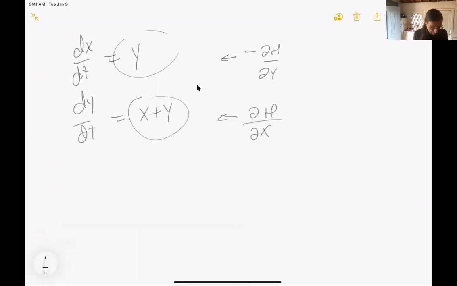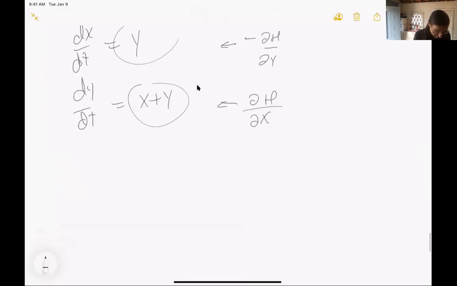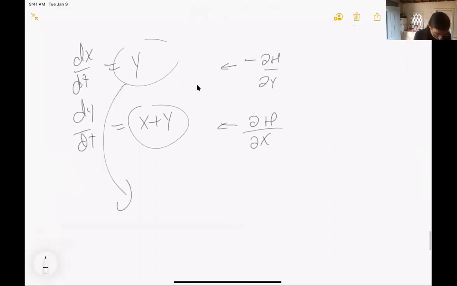Now, what is the partial of that first function with respect to x? 0. And what's the partial of the second function with respect to y? 1, good.